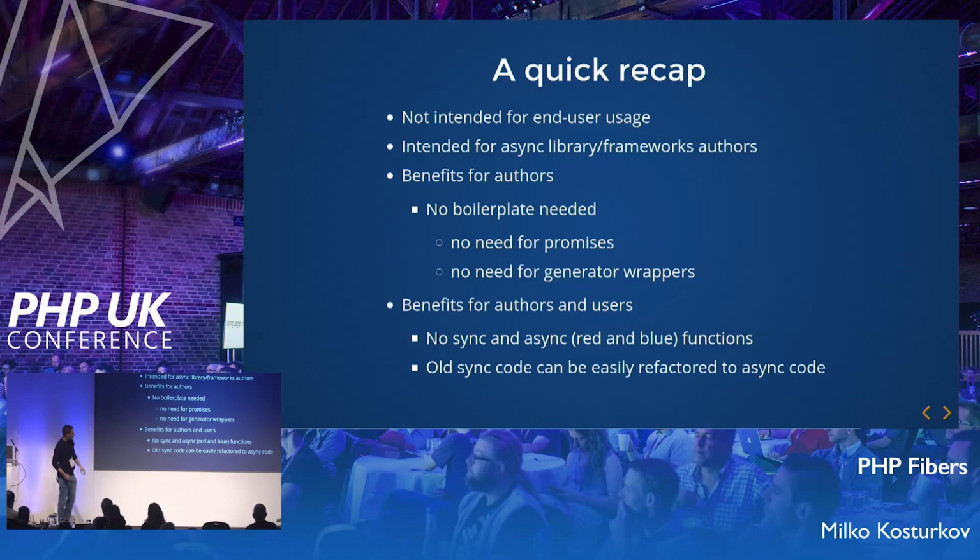I've put red and blue in brackets there. There is a very famous and nice article about red functions and blue functions. It depicts the problem that most languages have with having functions and asynchronous functions. The problem is that if you're in an asynchronous function, you can call whatever you like.